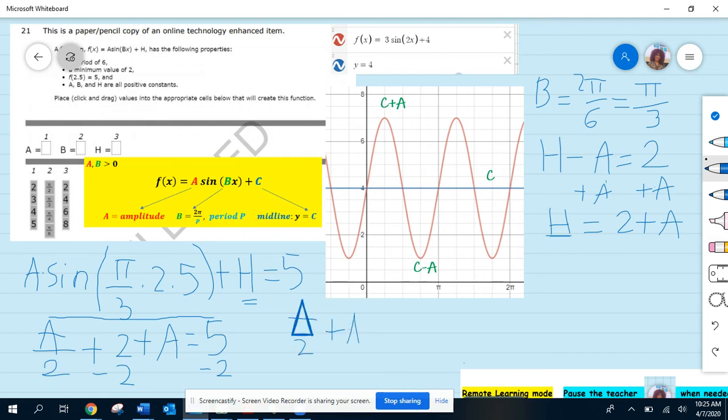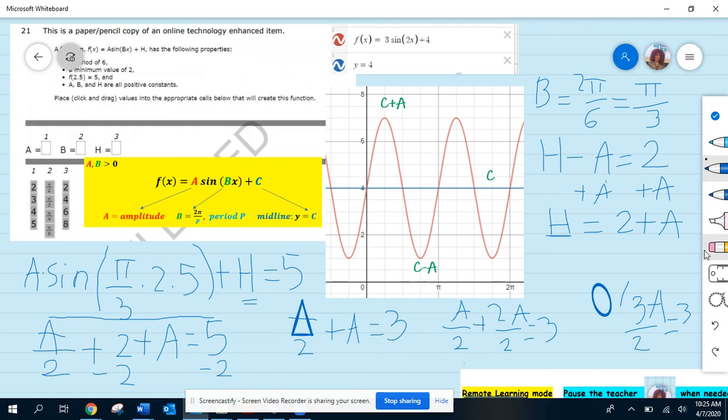In order to isolate a, we subtract 2 on both sides, so we get a over 2 plus a equals 3. At this moment, just multiply by 2 top and bottom to have the same denominator, so we get a over 2 plus 2a over 2 equals 3. That means 3a over 2 equals 3.